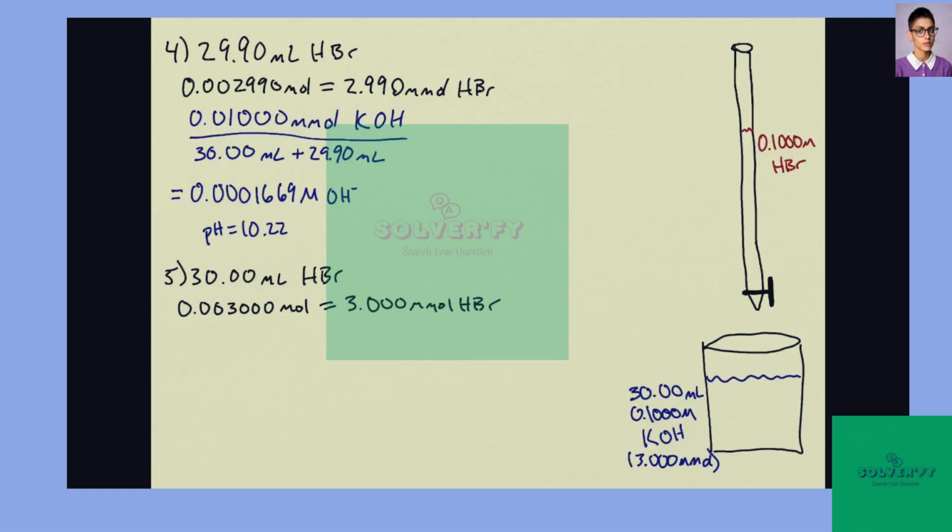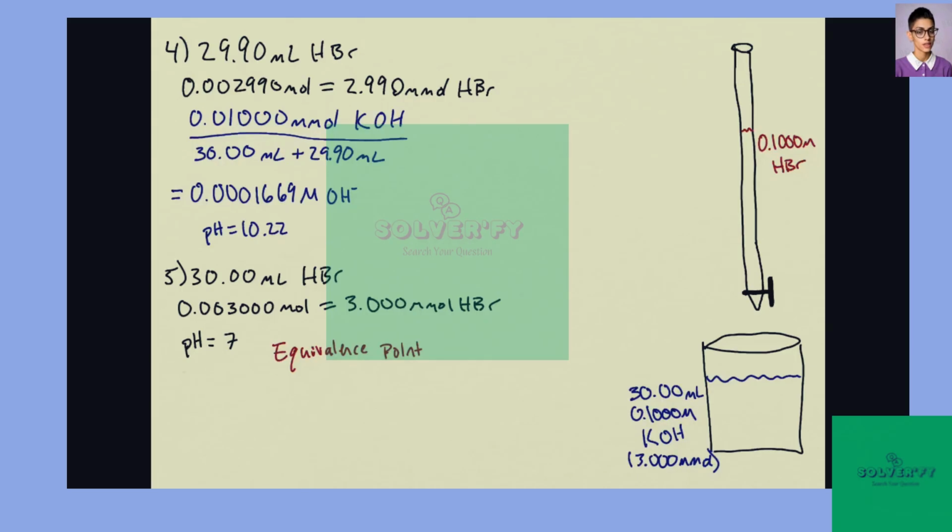And we can jump to the conclusion then that our pH is going to be the neutral 7. We know that this is the equivalence point because all of the HBr has reacted with all of the KOH, so there is none of either reagent remaining in the solution. Also, this is a strong acid, strong base titration, and each strong acid, strong base titration has a pH of 7 at the equivalence point.